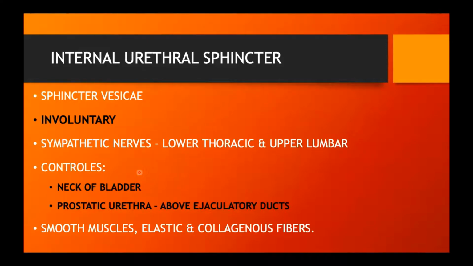The sympathetic nerves from the lower thoracic and upper lumbar segments control this sphincter vesicae, and it controls the neck of the bladder and the prostatic urethra above the level of the ejaculatory ducts. It is formed by smooth muscles, elastic and collagen fibers.